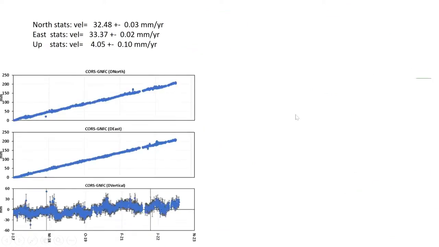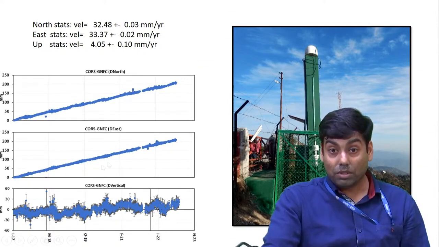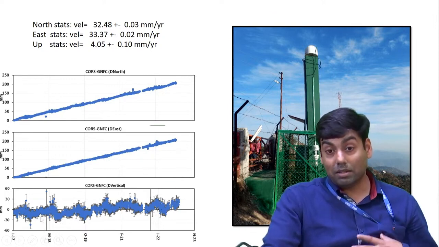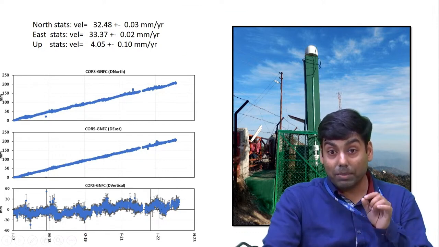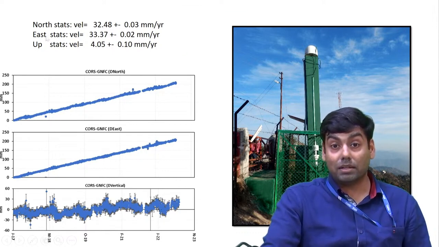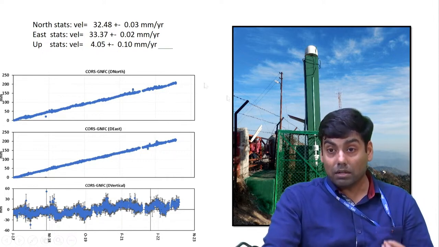If you see this Mussoorie station, you can see the data is extremely good here, and this region has a very good influence of the hydrology, and not only influence, but it is also rising by some millimeters. You can see that this upliftment is 4 millimeter per year.